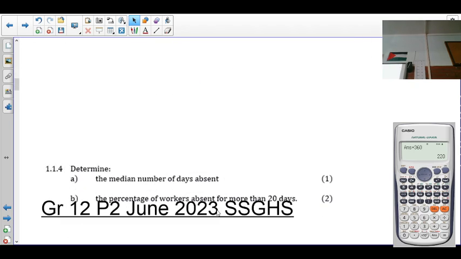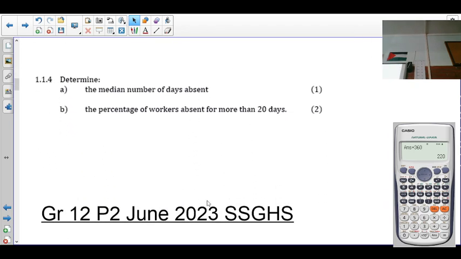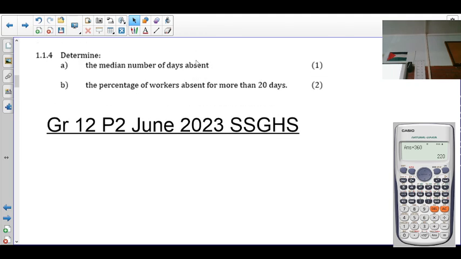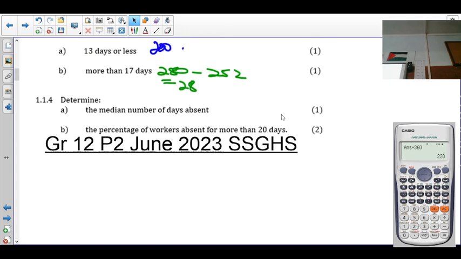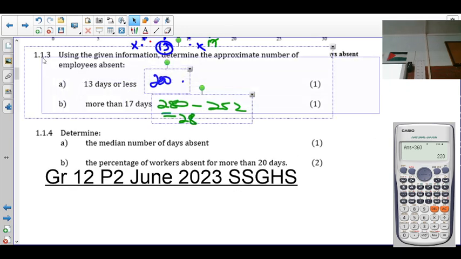Right, next question. So that is still dealing with the OJAP graph here.